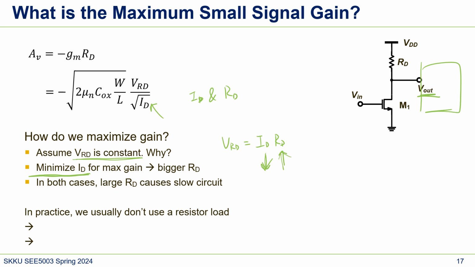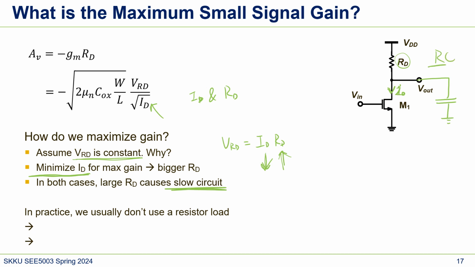But the problem here is that this is very slow. You know why it's slow? Assuming there's a load and something like capacitance there, the ID current and this RD are making an RC constant here, I'm talking about small signal.